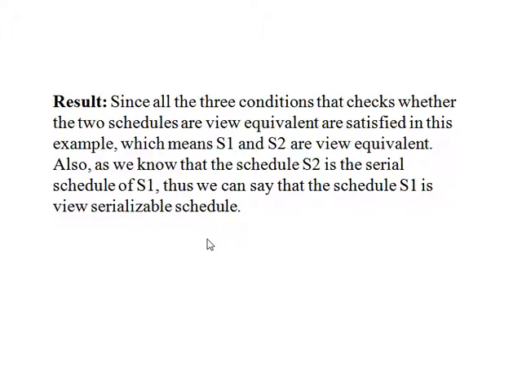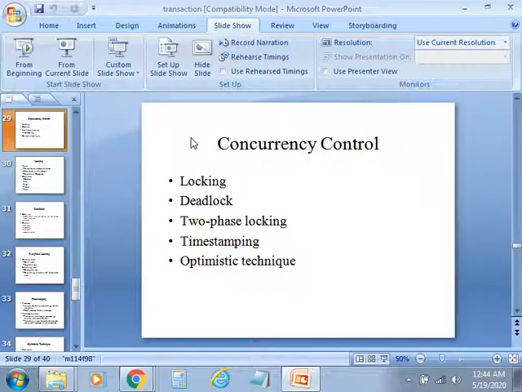What are the three conditions? Initial read, final write, and update read. If they satisfy the three conditions, then the given schedule is view serializable. That is the final result we get. This is about view serializable.